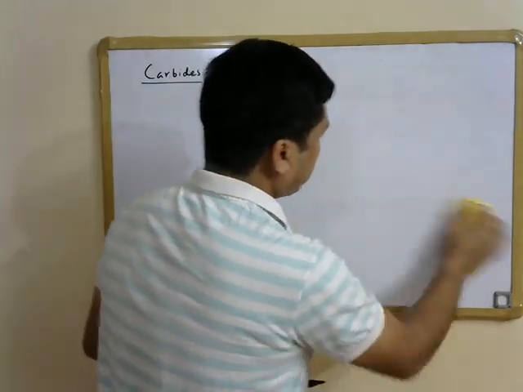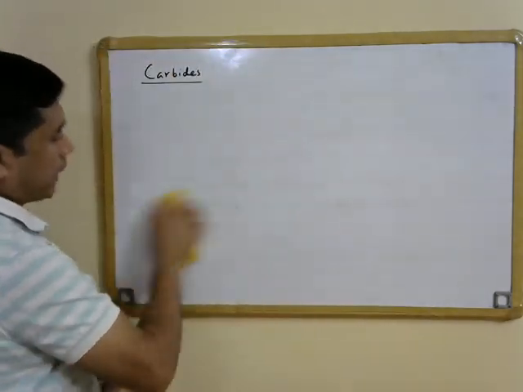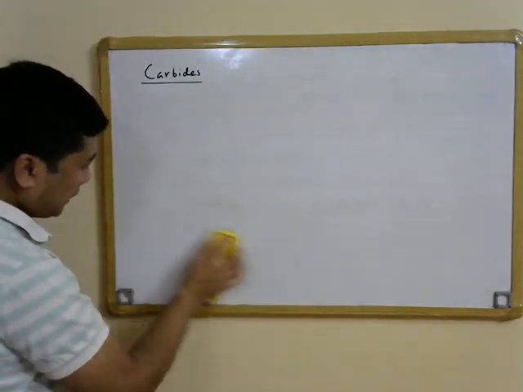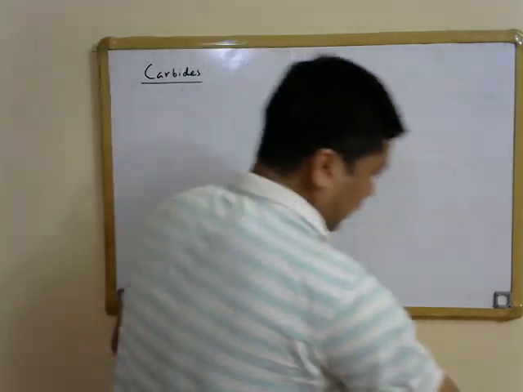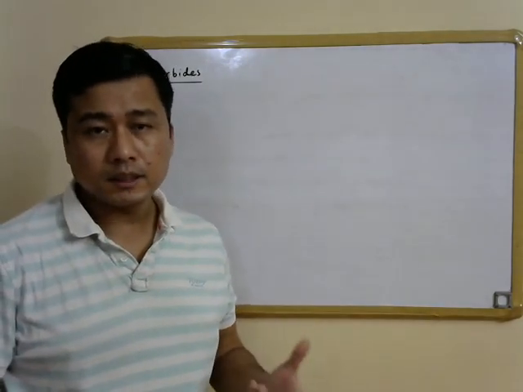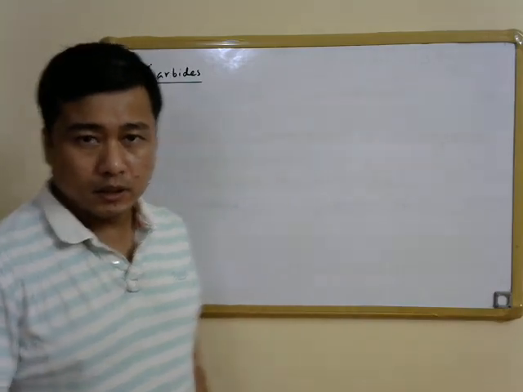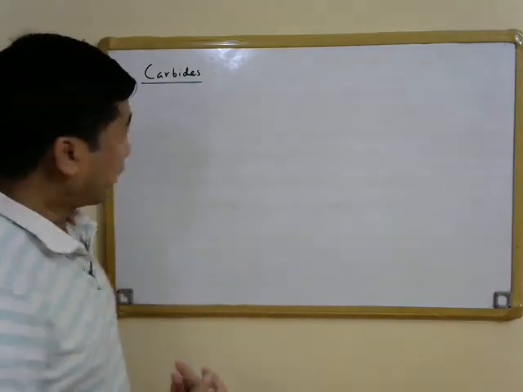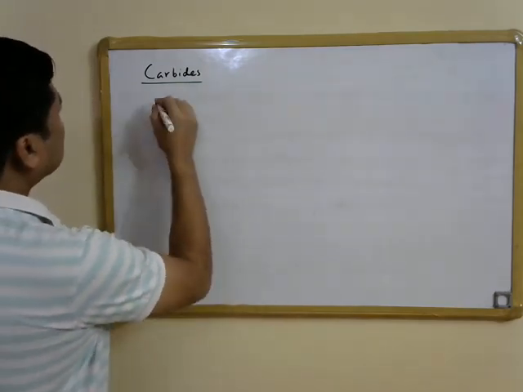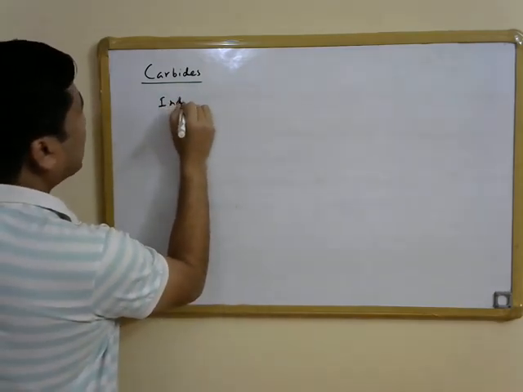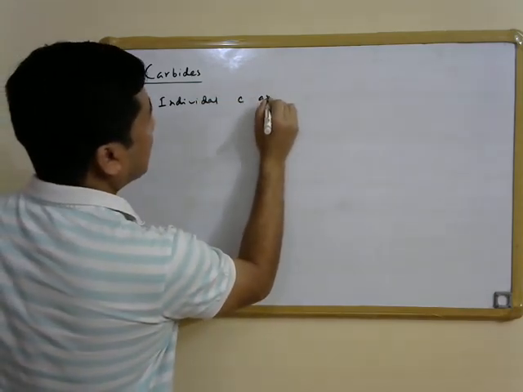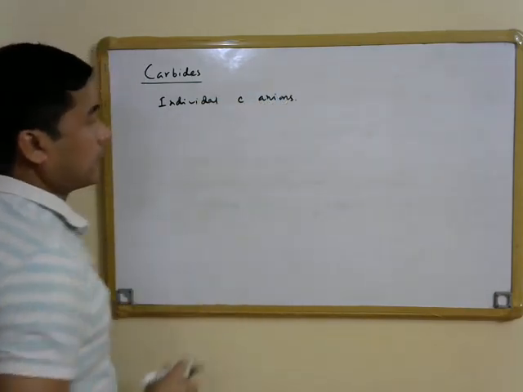As we have said, electropositive metals form these ionic carbides, and in these ionic carbides, carbon is present as an anion. The simplest type of ionic carbide contains individual carbon anions.